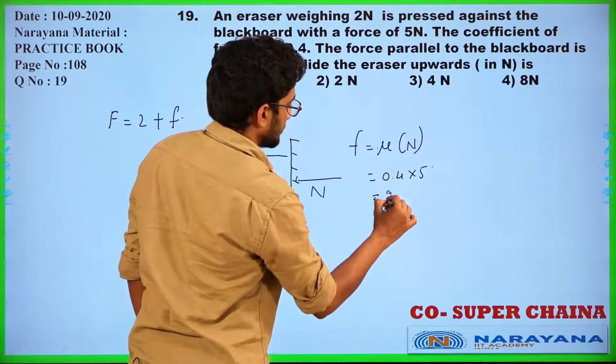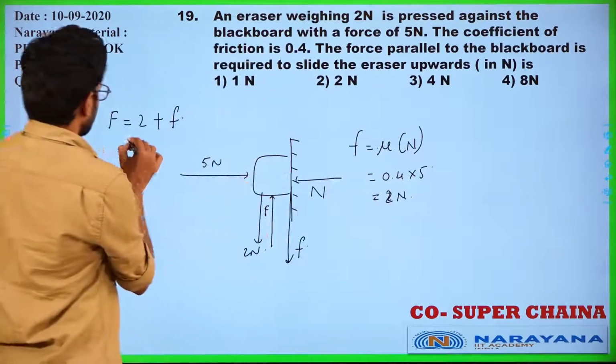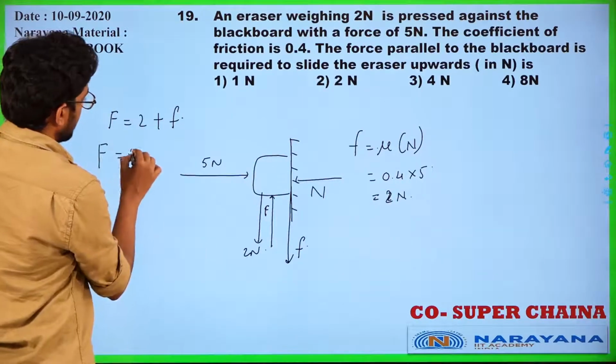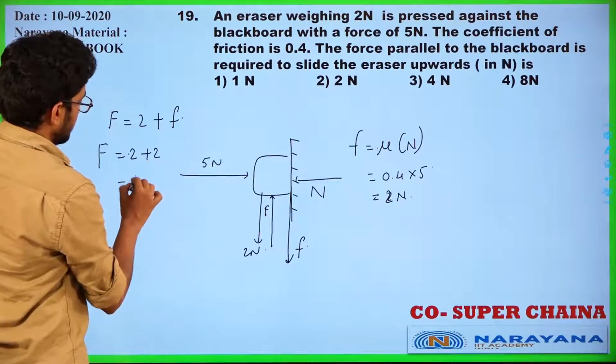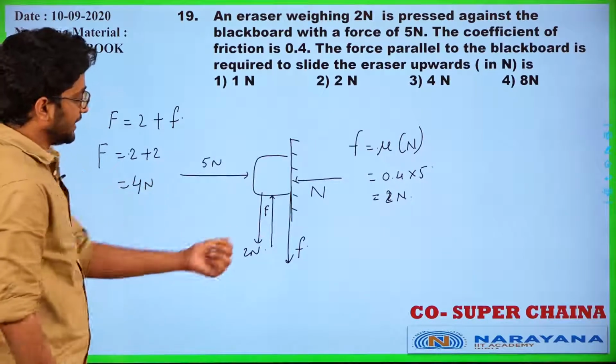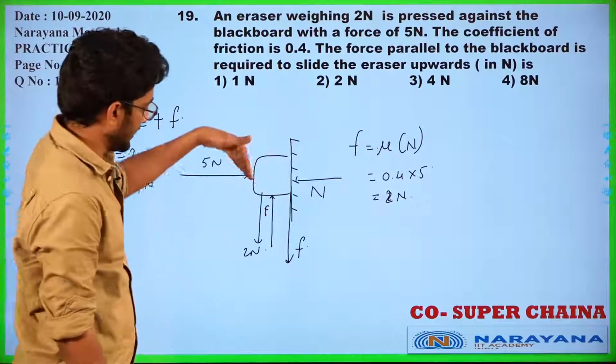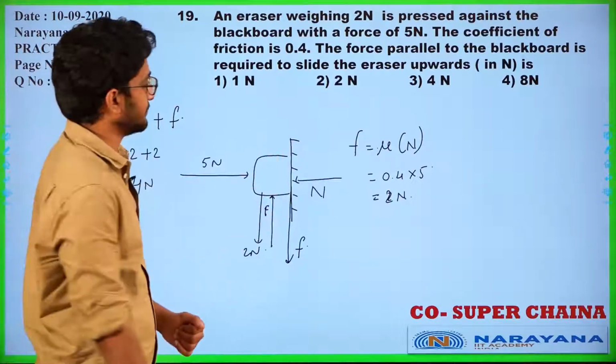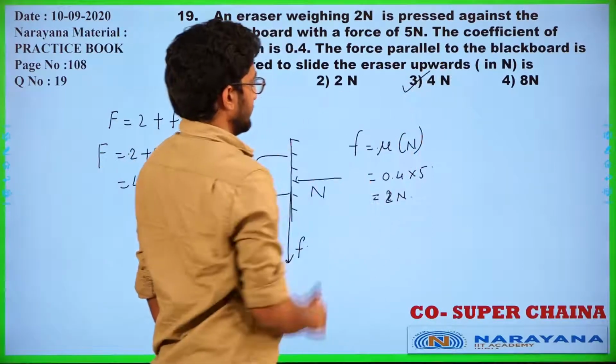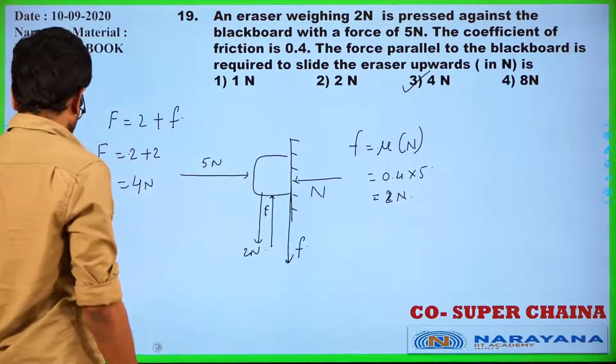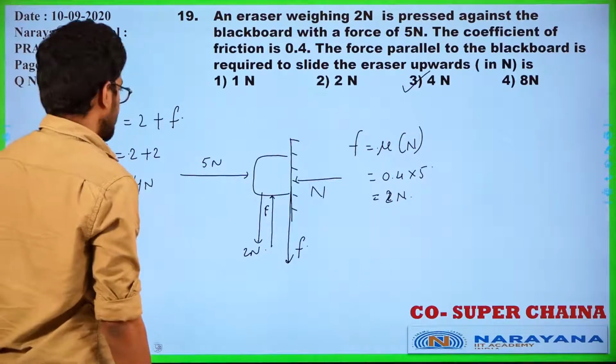So friction is 2 newtons. So total force that you should apply is 2 plus 2, 4 newtons. So we need a minimum of 4 newtons upwards so that it can overcome gravity and friction both. And let's move to the next question.